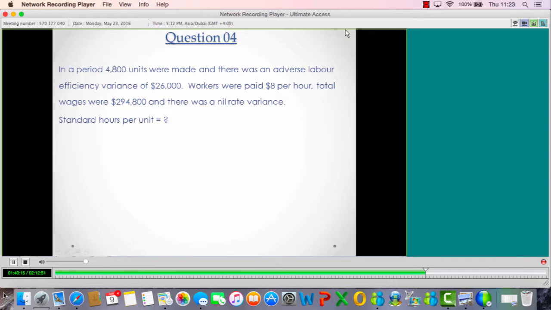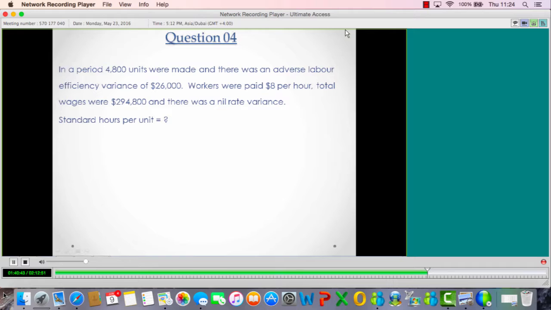Wait. Now read the last sentence. Workers were paid $8 per hour. Total wages were 294,800, and read the rest. What does that mean? There was no nil rate variance.